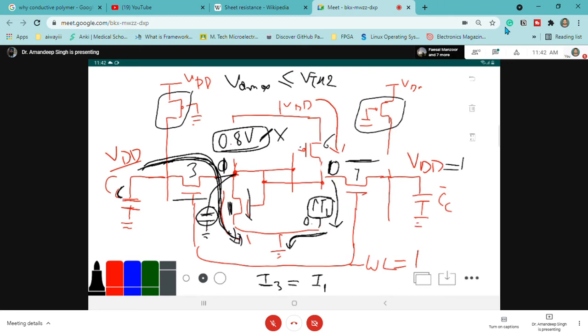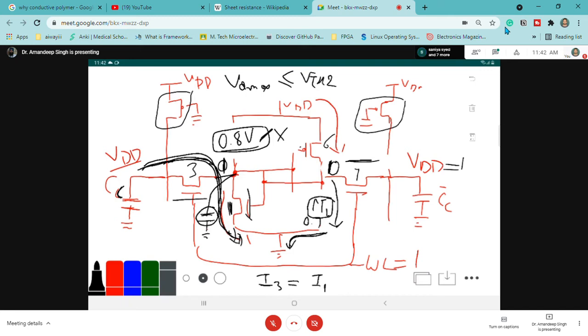Now we have to identify in which region our MOSFET is operating. Can you tell in which region your M3 is operating at the initial stage? M1 is in linear. Yes, M1 will be in linear, obviously.